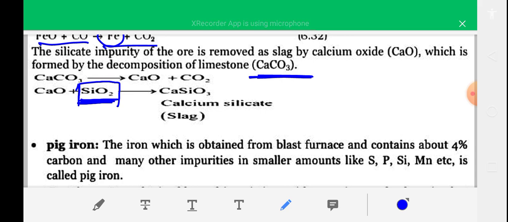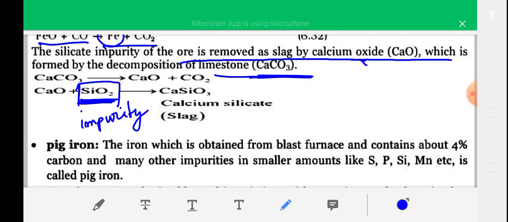It is an acidic impurity. So to remove this acidic impurity you have to use a basic flux, and the basic flux is limestone. The silicate impurity of the ore is removed as slag by calcium oxide, which is formed by decomposition of limestone.